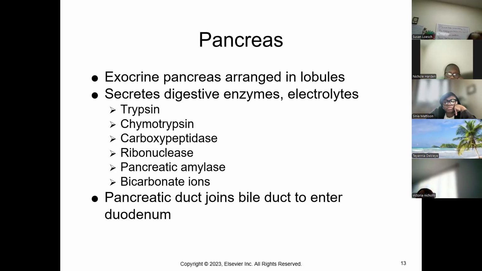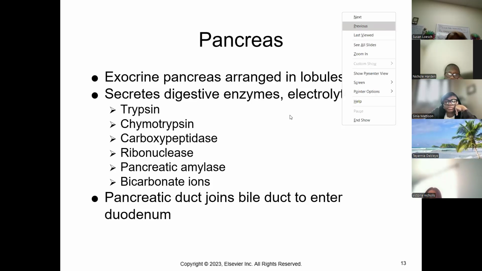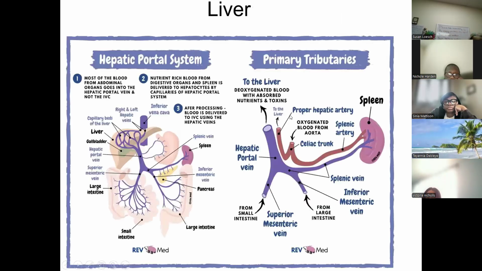Right, so the nutrients are broken down into simple molecules, and they're going to be absorbed with electrolytes and water into the blood, and they're transported into the liver. So they go into that hepatic portal system I just talked about first, and then into the liver. Okay.